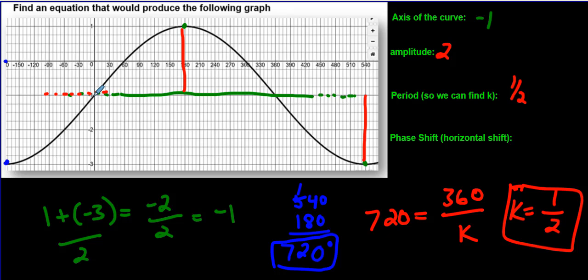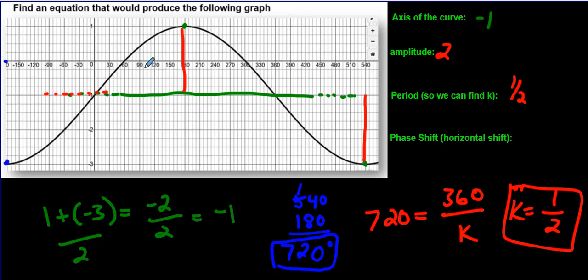Now you might be asking, what if we had chosen cosine? Well, remember, cosine starts at extremes, so right up here. So if we were talking about cosine here, cosine normally starts right here on the y-axis and then moves downward. So this time we would say cosine started at 180 degrees, which means the whole thing shifted over 180 degrees to the right if we were doing an equation using cosine.